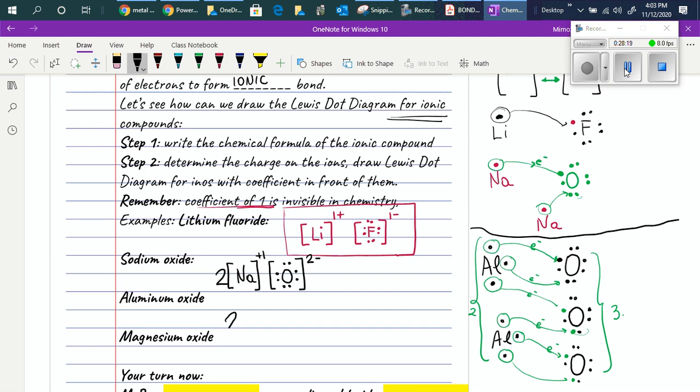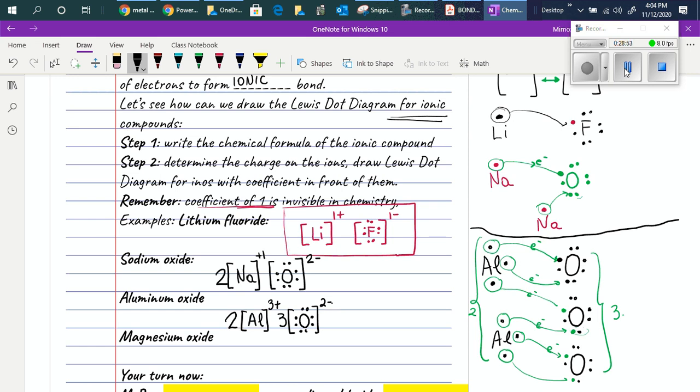We have 2 aluminum ions, each of them +3, and then we'll have 3 oxygen, which have a valence shell completed with 2-.